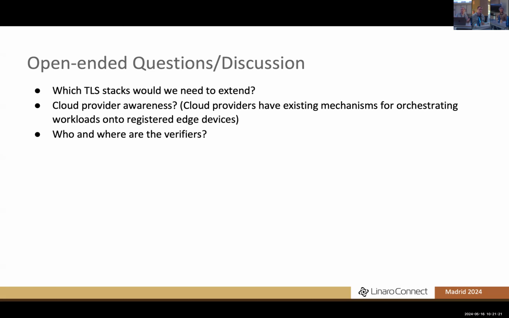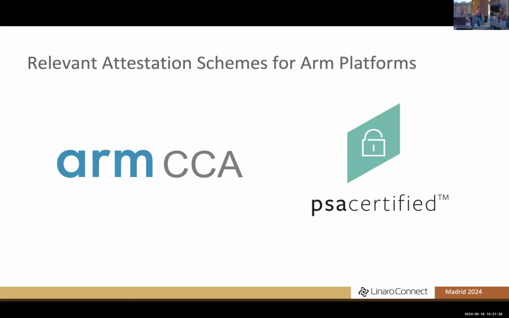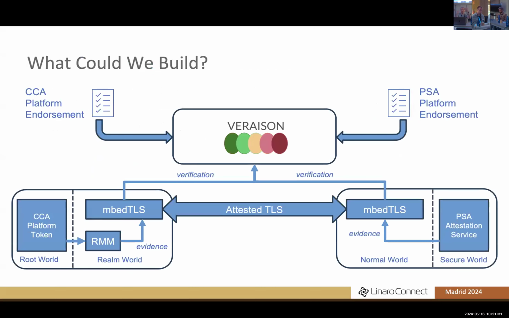TLS is already built into the cloud providers, and they have edge management platforms for this. So if you were to do something like this kind of bi-directional attestation, I think you'd need to do that in collaboration with the cloud providers to some extent, right?